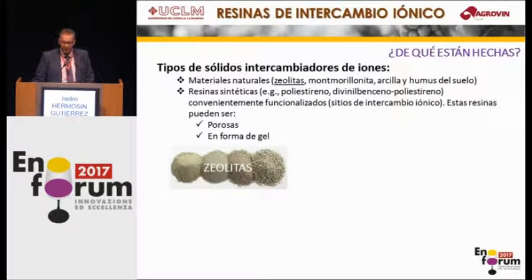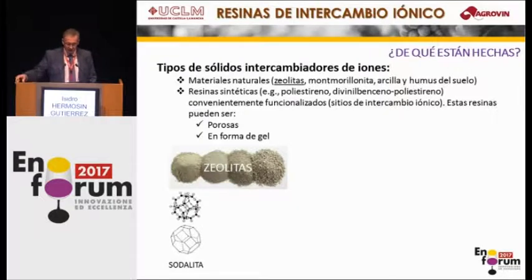In terms of zeolites, zeolites can have this appearance once they're processed. These are granular materials, others are more powdery, and others still where you can tell the various particles with the naked eye.